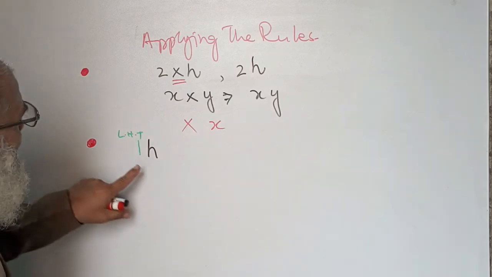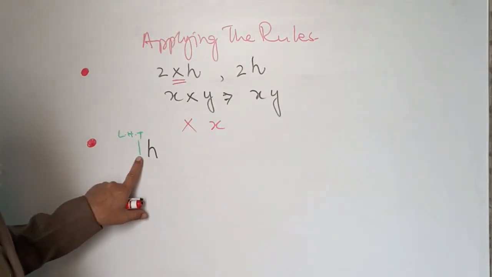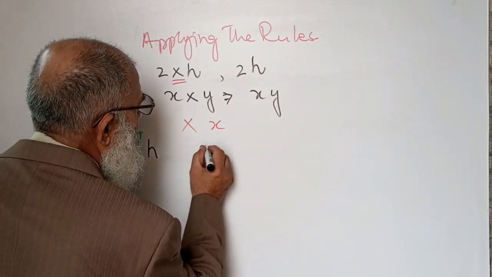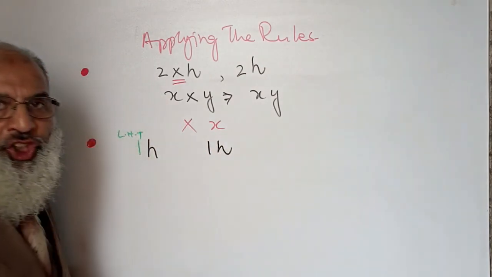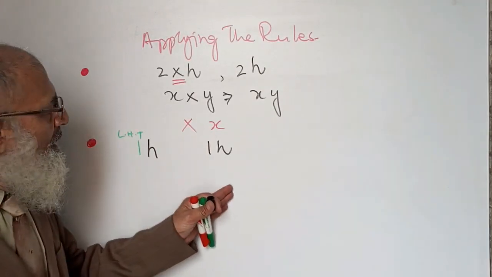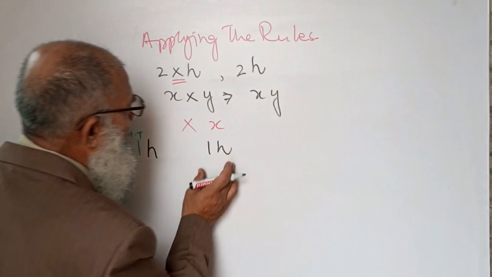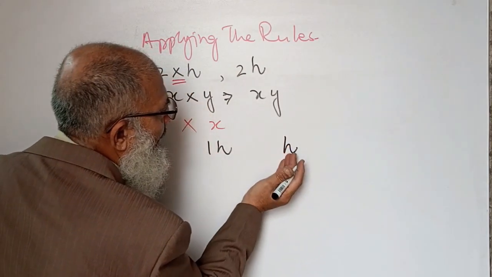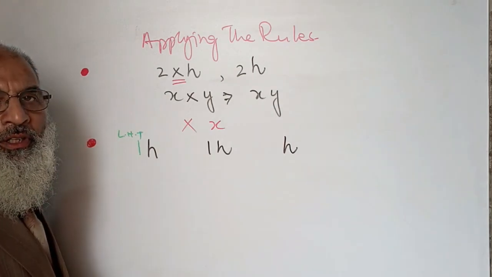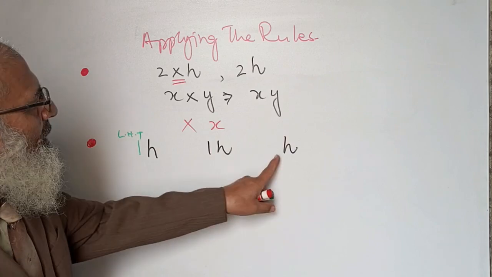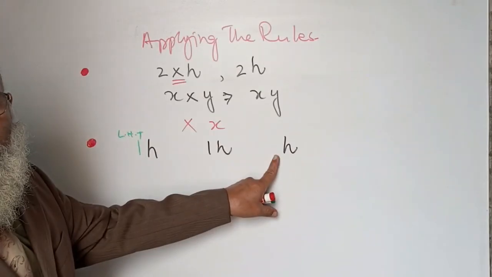So if 1 is the coefficient, in general practice we do not write 1h. No, this is wrong, because it is understood that if nothing is written at the left hand side of h or any variable, it is 1.